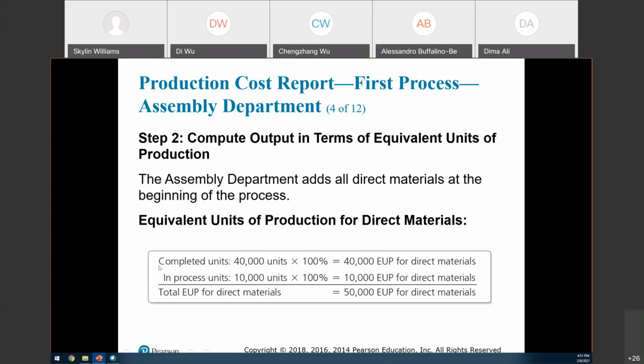So for completed units, there are 40,000 completed units times 100% equals 40,000 EUPs for direct materials.